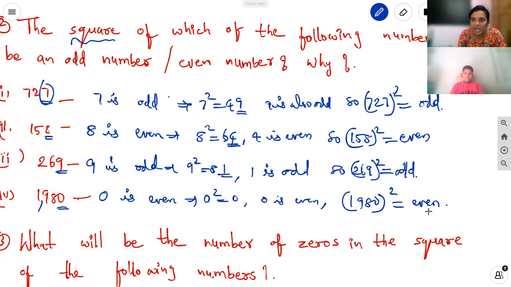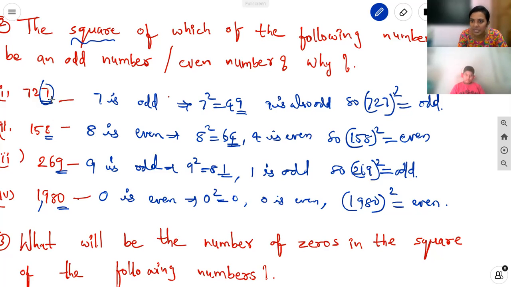That is the concept. How to find out? We need not multiply the whole number into itself. Just observe the ones place, is it an even number or odd number? We know that even number multiplied with even, the product is also even only. The odd number product is odd. 3 3s are 9, 5 5s are 25, 7 7s are 49, 9 9s are 81, 1 1s are 1.